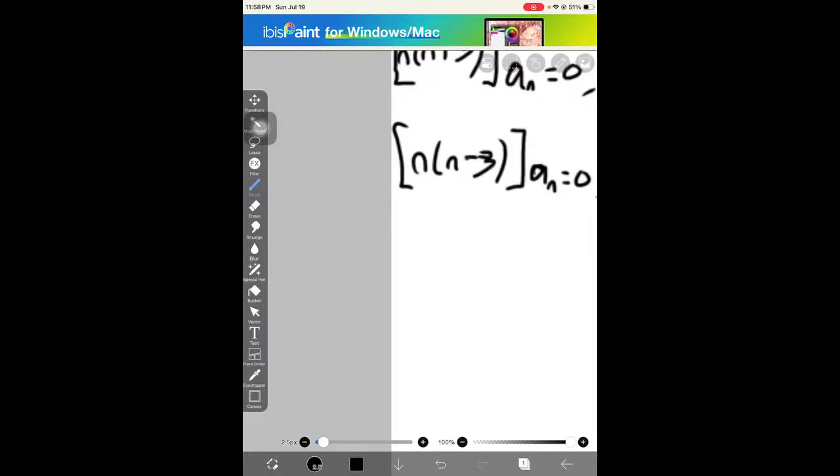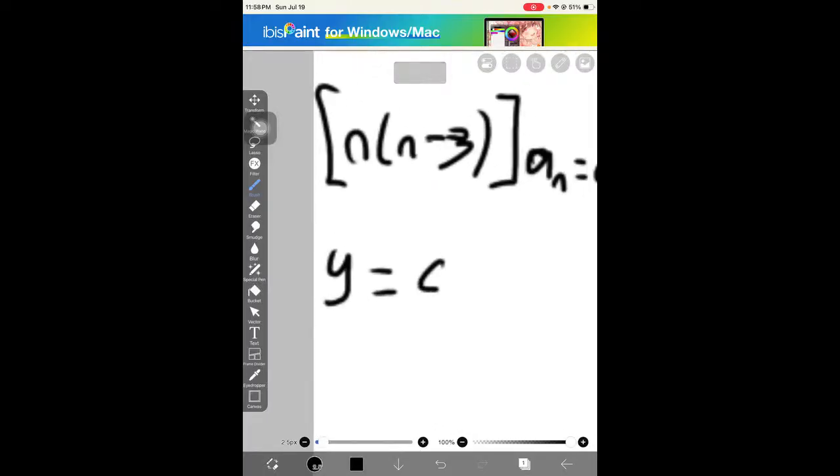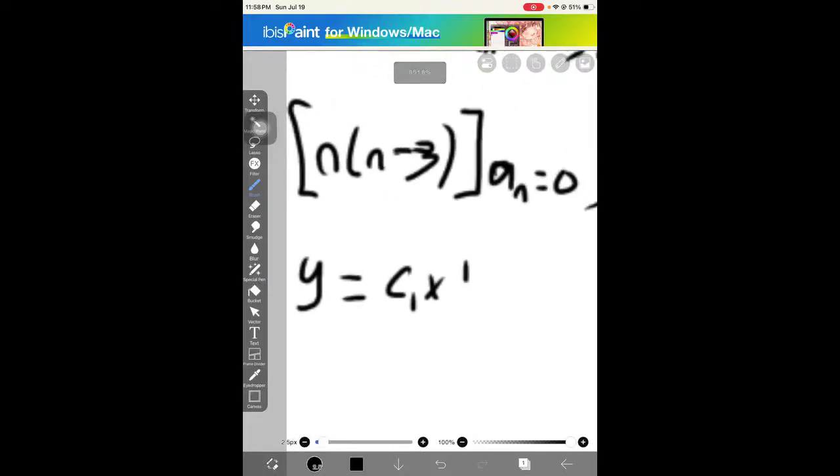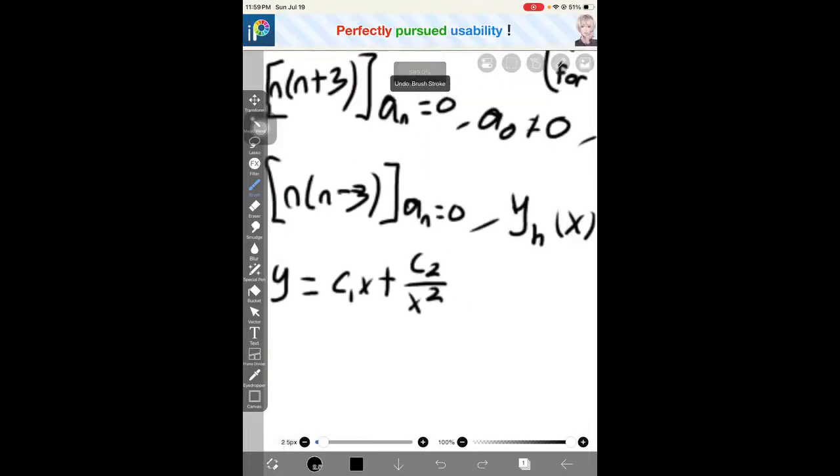So what is our particular solution? For instance, y equals c sub 1 of x plus c sub 2 of x squared, because now we're building up from the indicial solutions, and then minus this constant 1/2.